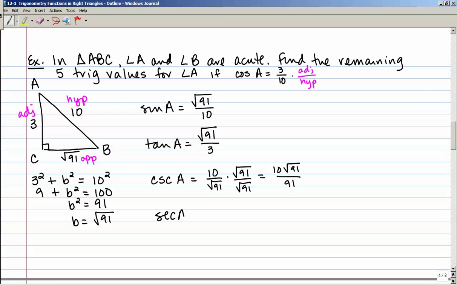Secant of A is going to be cosine flipped, which is easy, that's 10/3. And cotangent of A is going to be tangent flipped, or 3 over the square root of 91. Again, rationalize your denominator, or 3 square root of 91 over 91.